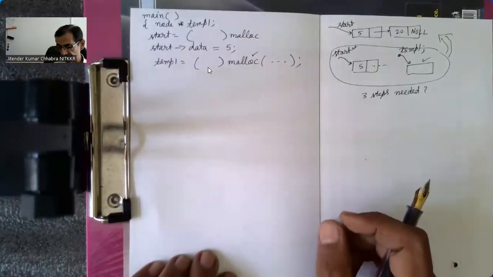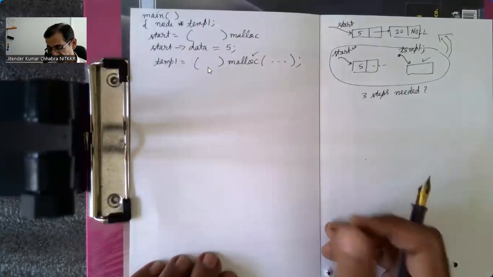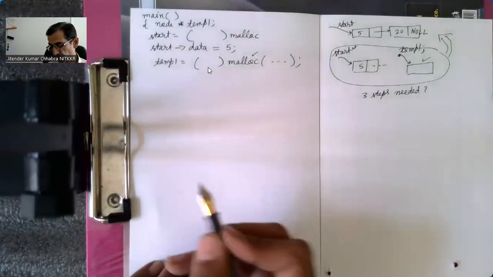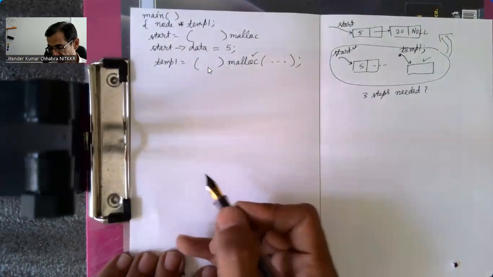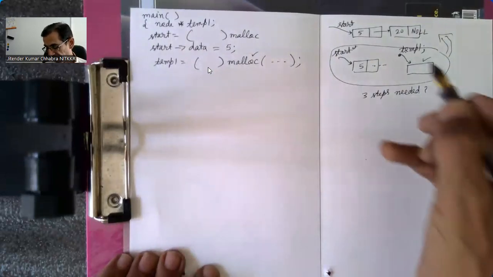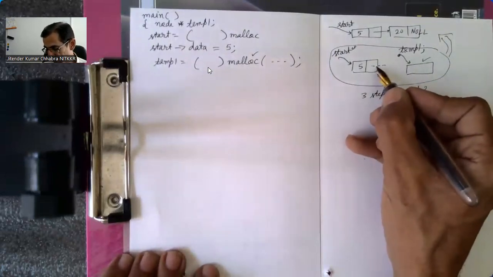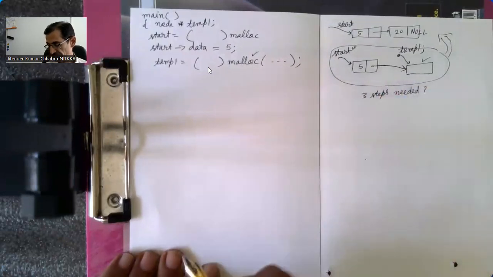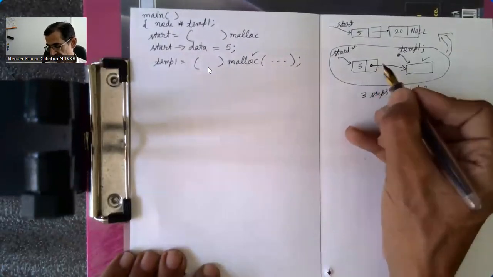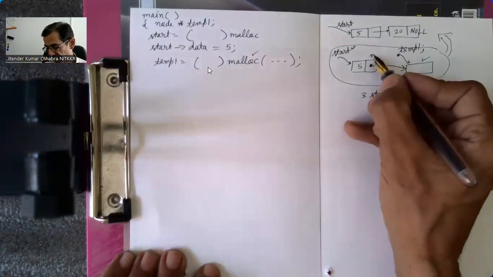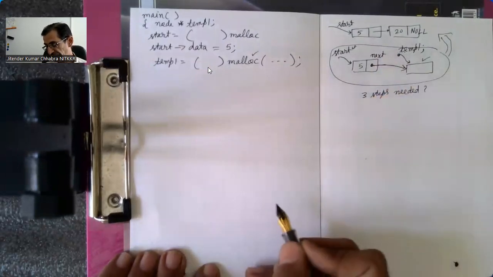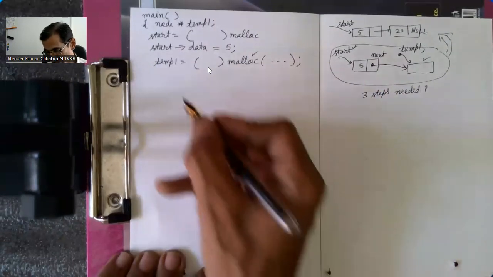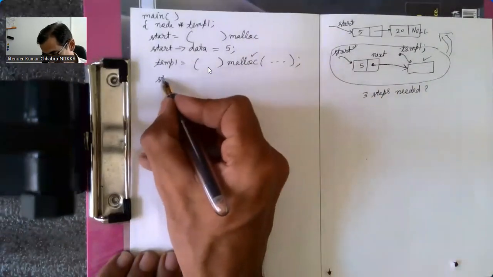So assuming that you have tried and are ready with your answer, let's do those steps one by one. What I need effectively, first of all, is to link like this. This is the next field, which is to be assigned something. How to refer to the next field?